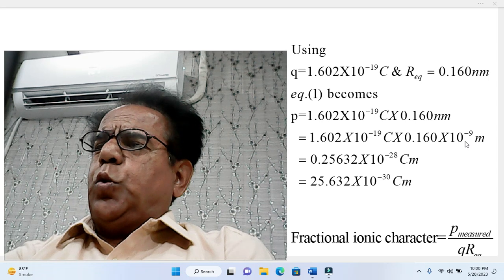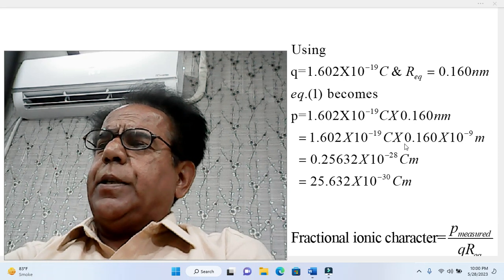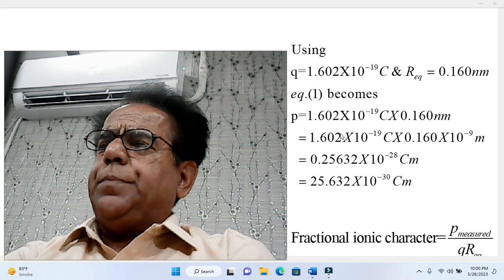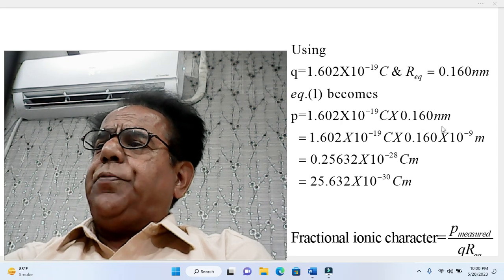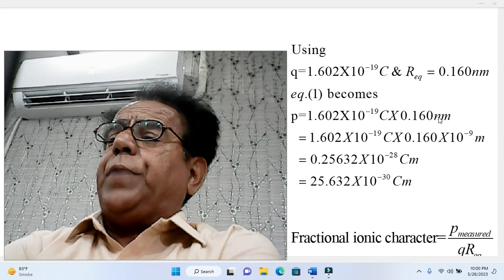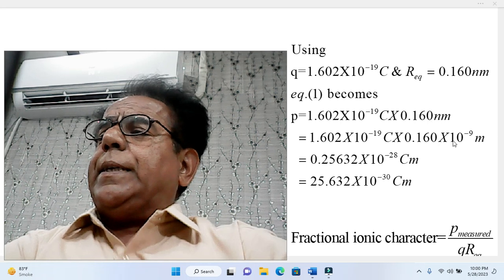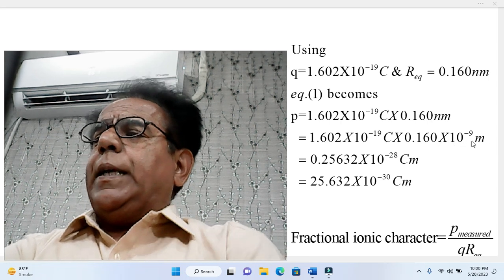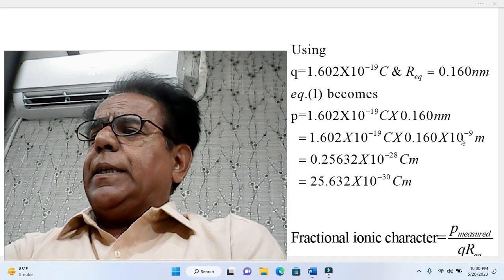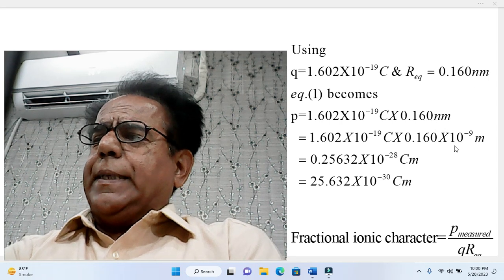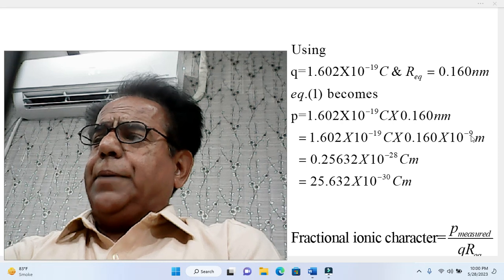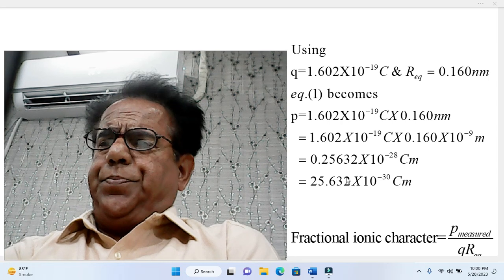There is no change in this step. This step is a continuation of the previous step. The only difference is that here, in place of n, we have used 10 raised to the power minus 9. Hence, from nanometer, nano has been eliminated and 10 to the power minus 9 has taken its place.